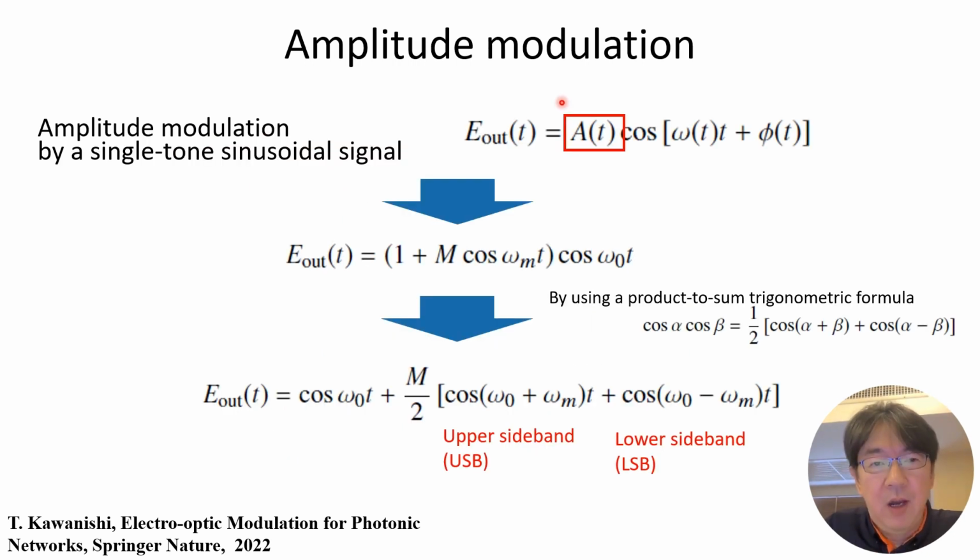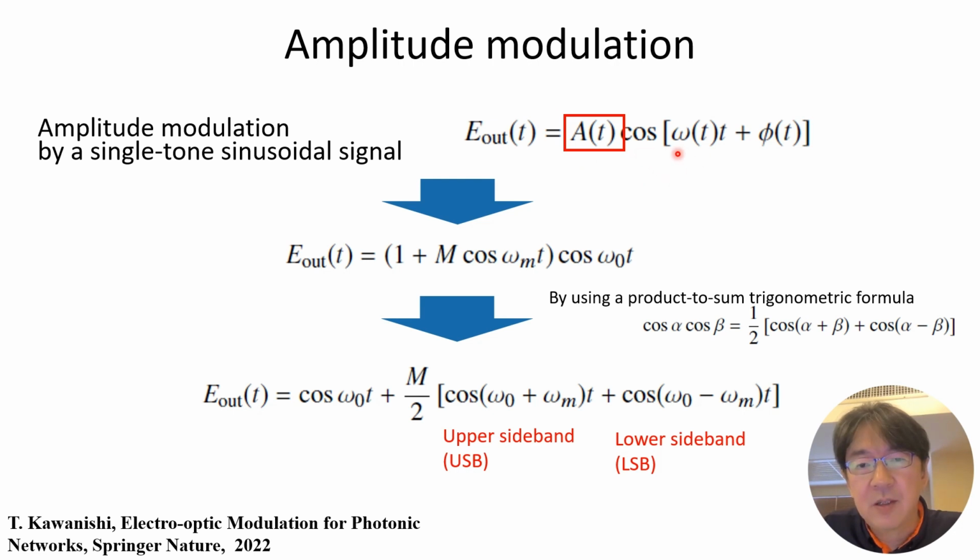Okay, here I'd like to explain the simple modulation scheme, amplitude modulation. As I mentioned, the optical output had three components: amplitude, frequency, phase. But in the amplitude modulation, we consider only this part.